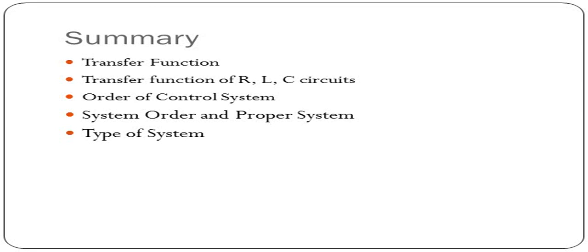It is the highest power of s in the denominator. Then system order and proper system: when the order of s in the denominator is greater than or equal to the order of s in the numerator, it is called a proper system.